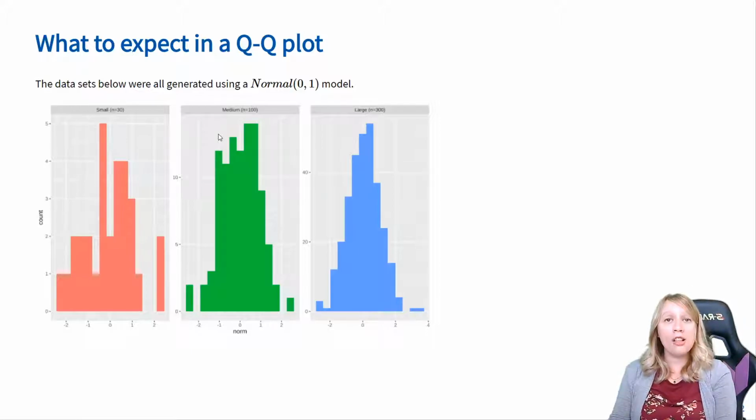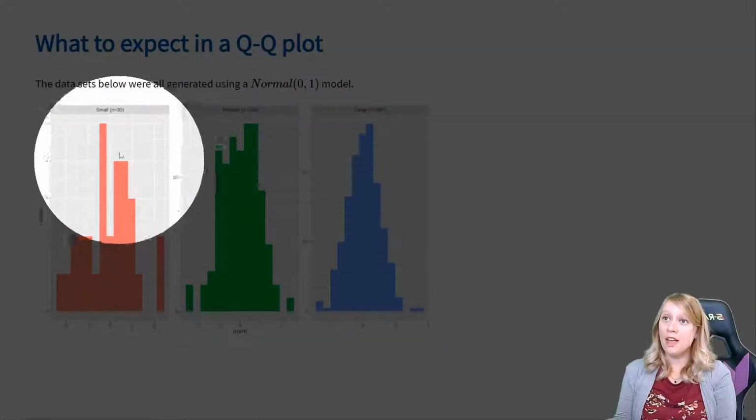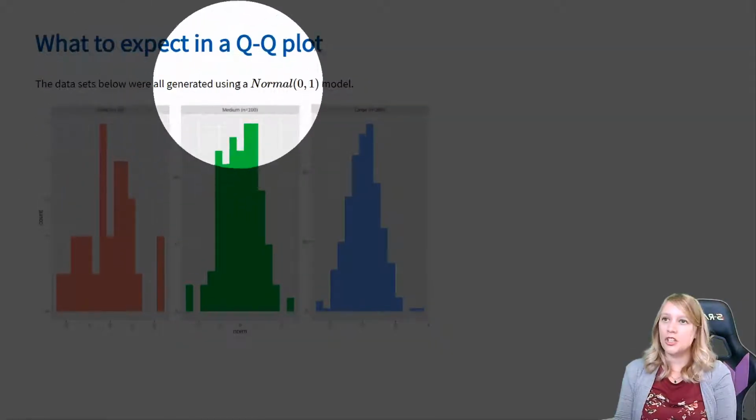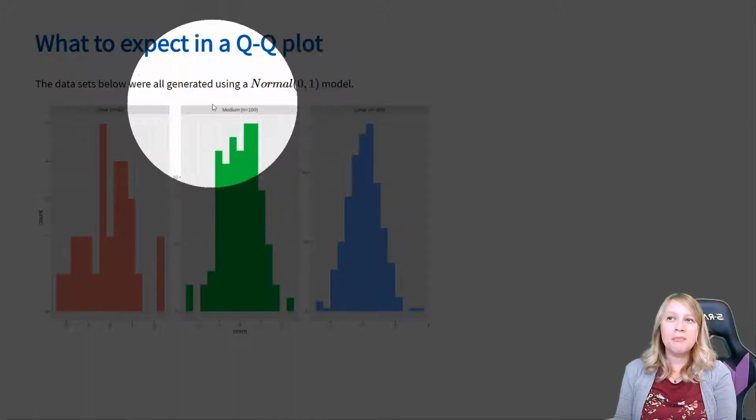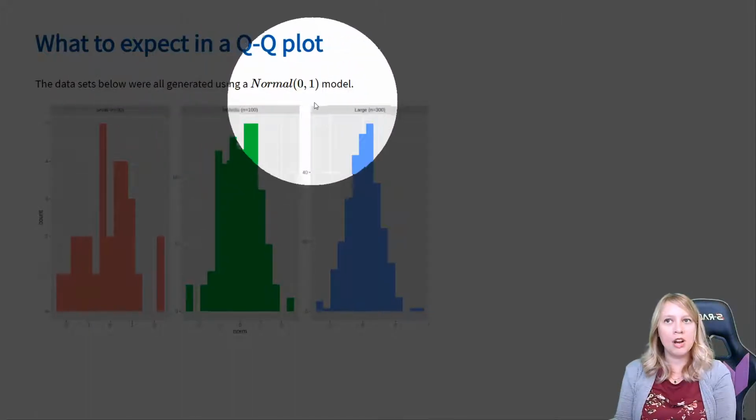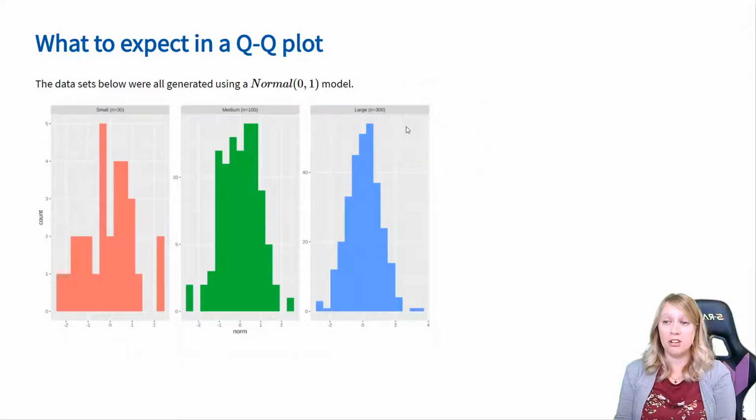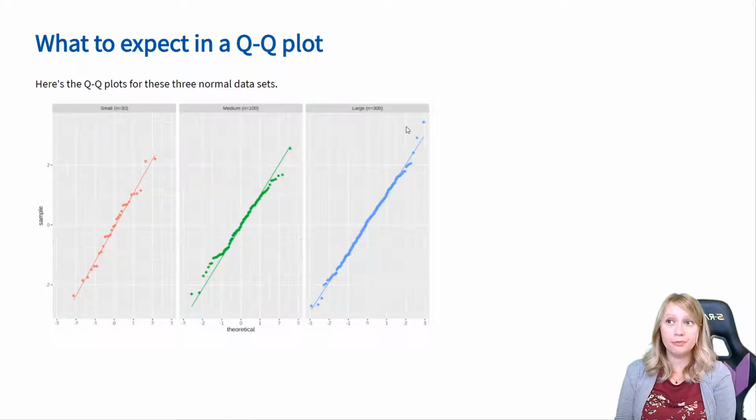So these all, in theory, came from a normal 0-1 model because I generated the data myself. We have a small data set here on the left with only 30 observations, a reasonably medium data set here with 100, and then a large data set with 300 observations. Notice that the more observations we have, the closer this histogram gets to that classic bell-shaped curve.